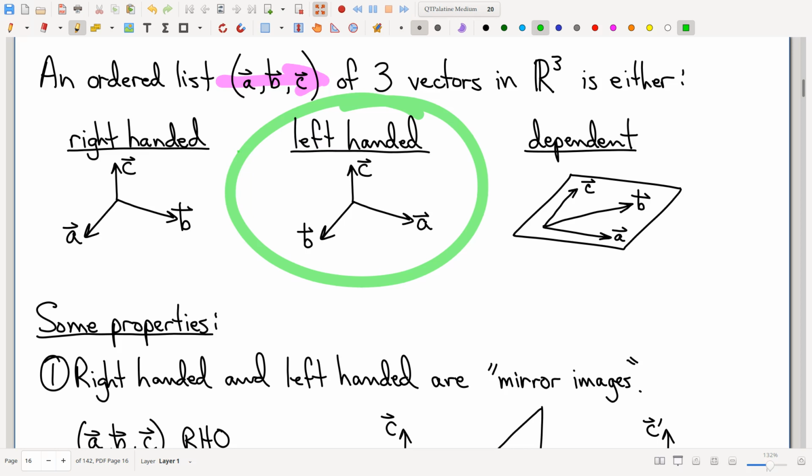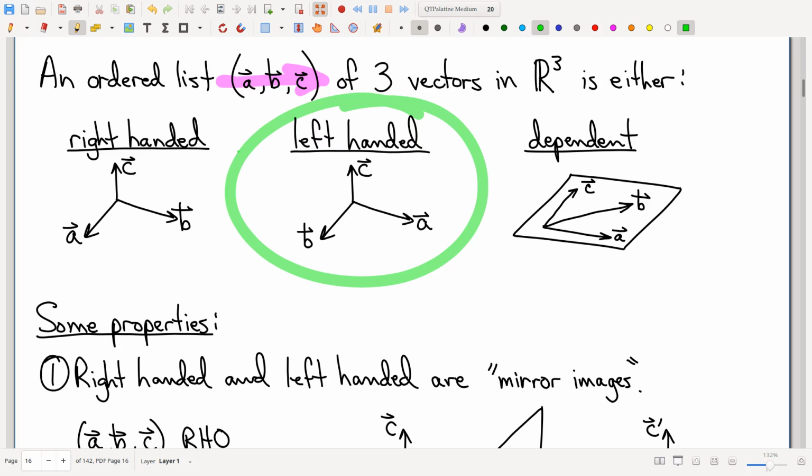So in order to do that, keeping my index finger pointing in the A direction, I'm going to have to do this move. I'm going to have to turn my hand around, and now my middle finger, following the rules, can point in the second direction, and now check out my thumb. It's pointing the wrong way. Everybody see that? So there is no way to use your right hand, following the rules, to produce that picture. But with my left hand, no problem.